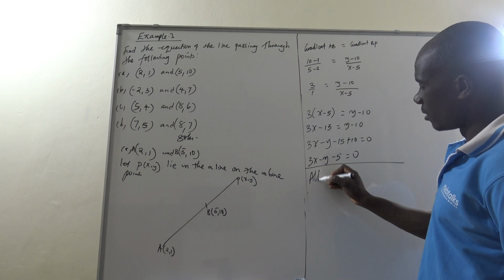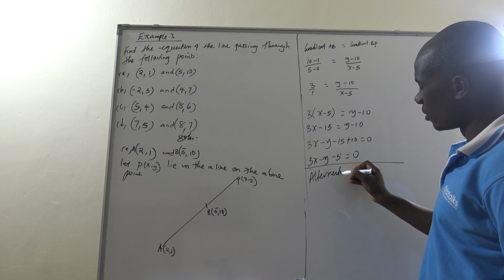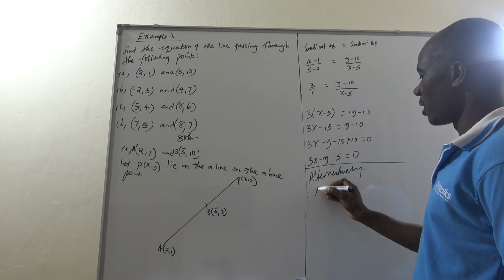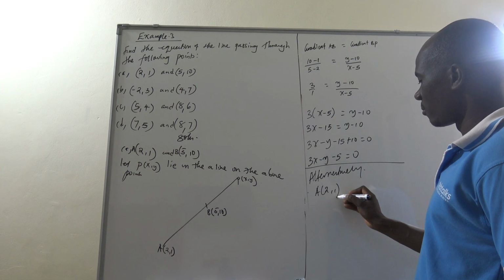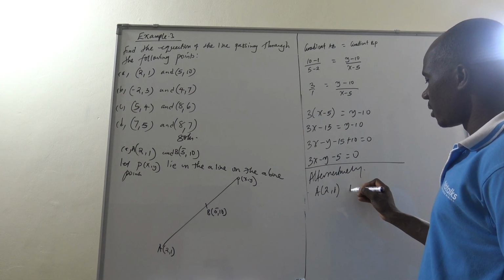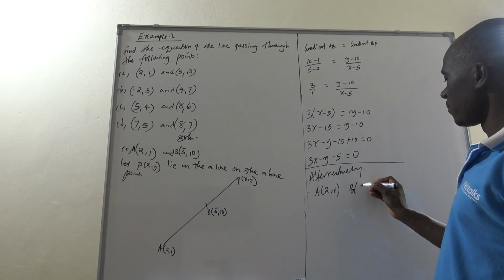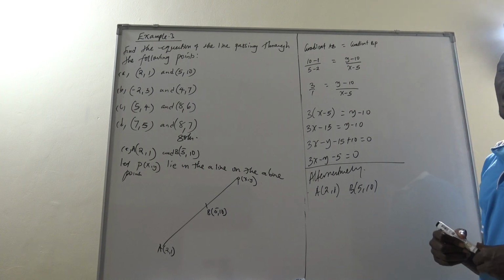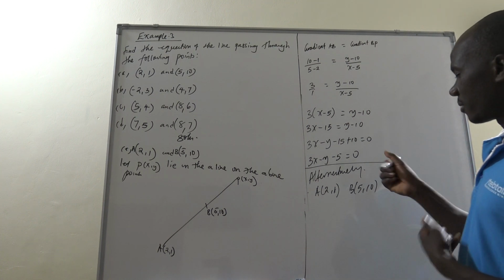Alternatively, then you will be telling me which one we should go with. Alternatively, you have 2 points. The first one is A as (2, 1), and B given as (5, 10). So you can use the idea of first getting the gradient of the line.